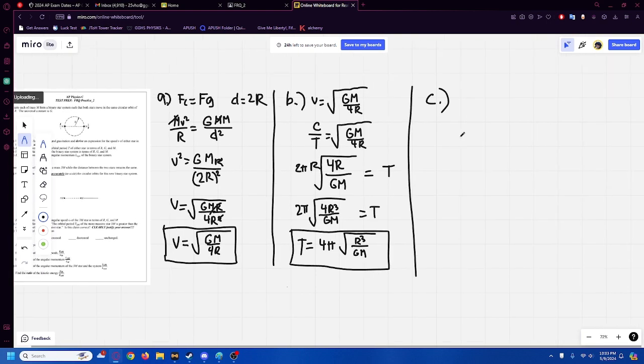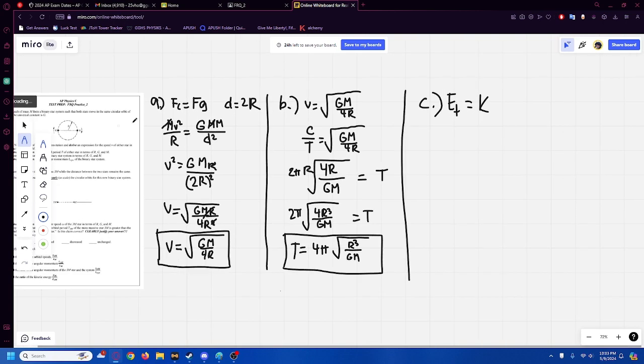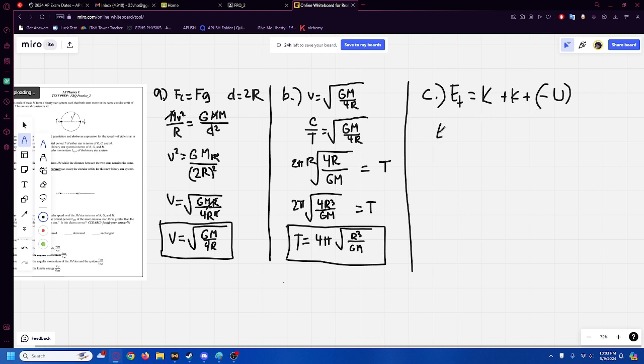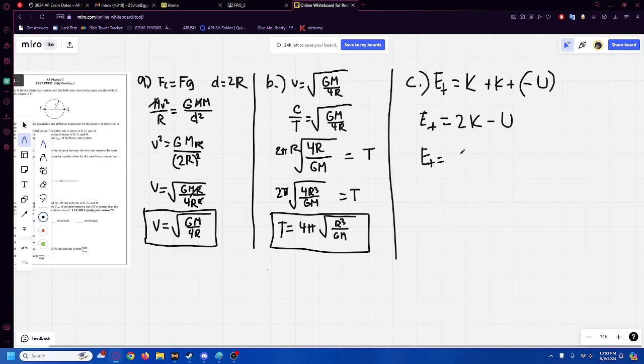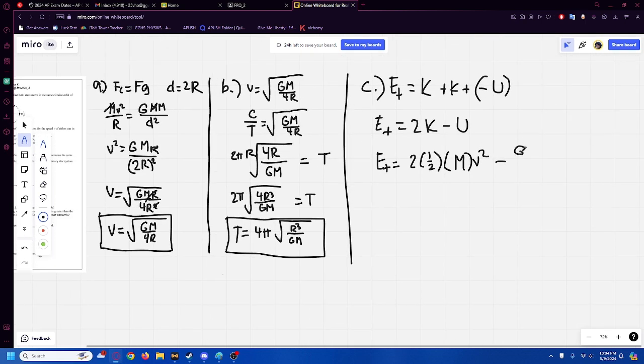Part C asks for energy, so E total is equal to K of both planets plus U, the potential energy, and U is always negative, so E total is equal to 2K minus U. So E total is equal to 2 times 1/2 mv squared minus GMm over d, and d is 2r.